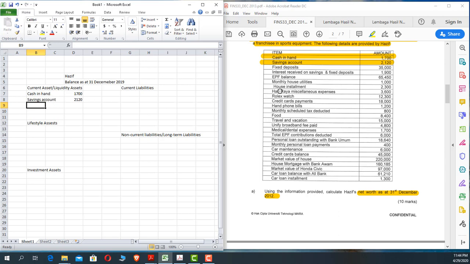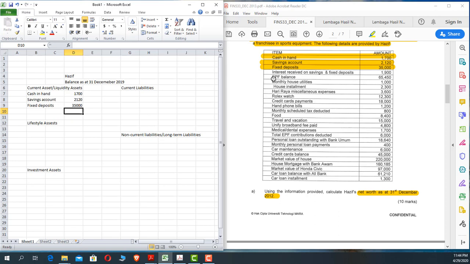And then yang seterusnya ialah fixed deposit. This is also in your current asset. And you get 35.